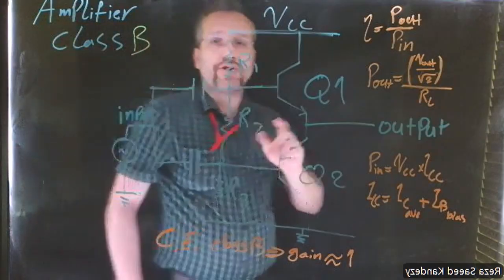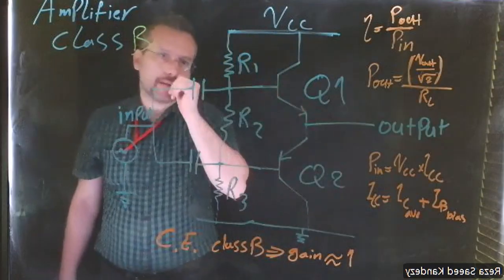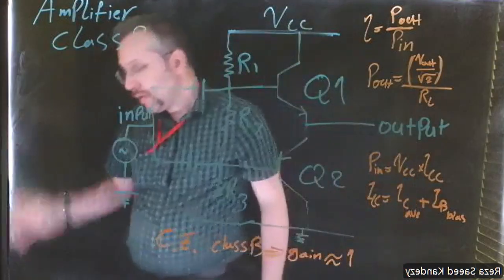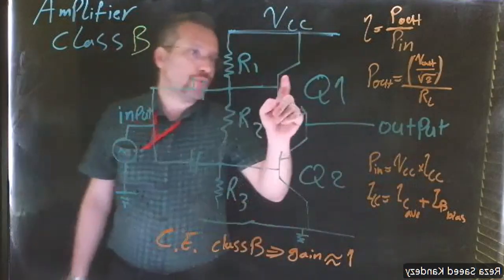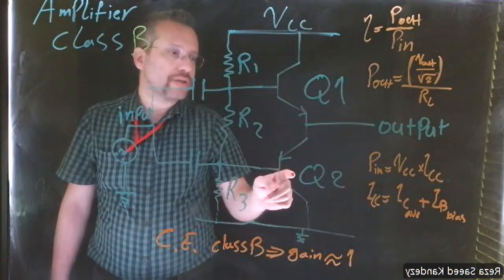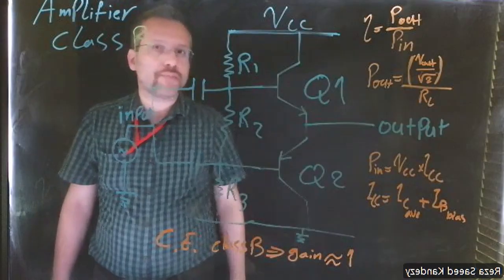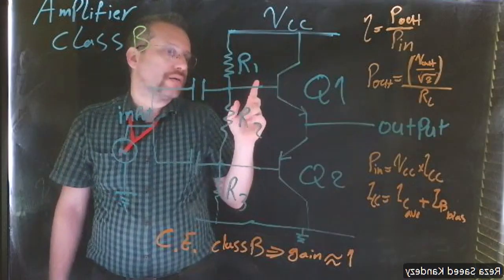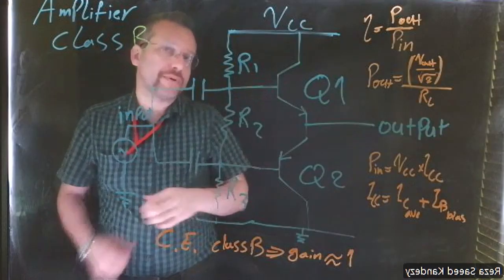Let's talk about another class of amplifier, which is class B. In class B, we have two BJTs. One is NPN, another one is PNP. They are connected in a back-to-back situation.